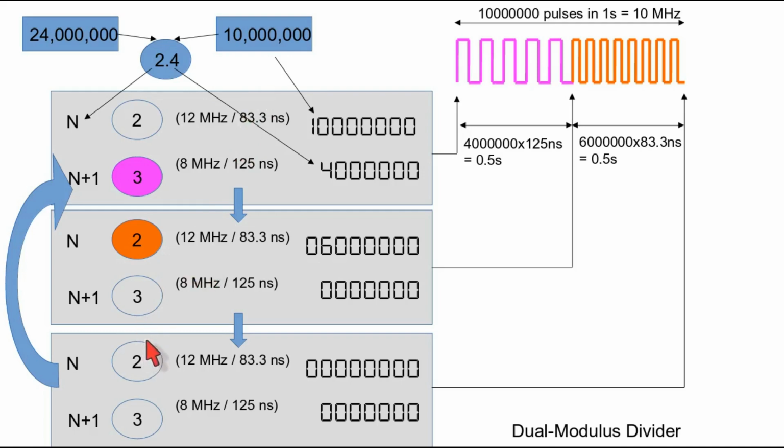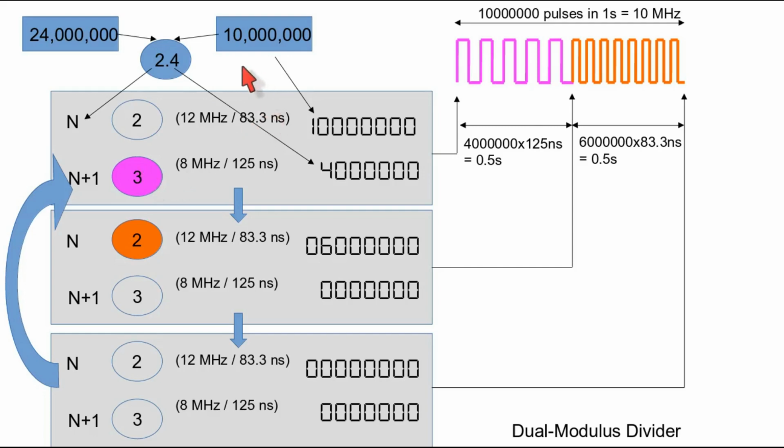at different stages. On the top here we have our base frequency of 24 MHz and the desired target frequency of 10 MHz, which requires a divisor of 2.4. The whole part of the divisor is used to load the n and n plus 1 values, which in this case are 2 and 3.